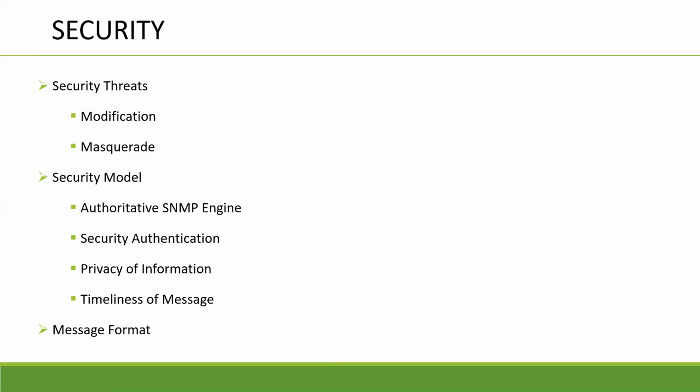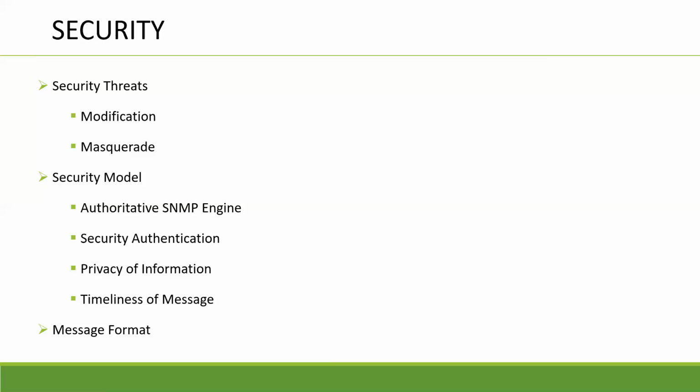The second service provided by the authentication module is data origin authentication. This ensures that the claimed identity of the user on whose behalf the message was sent is truly the originator of the message. These are the two services: data integrity and data origin authentication.